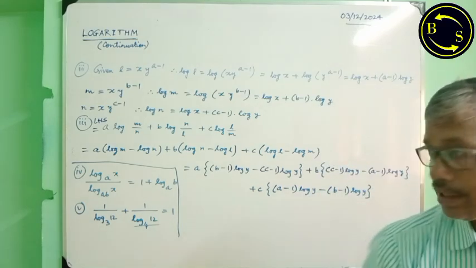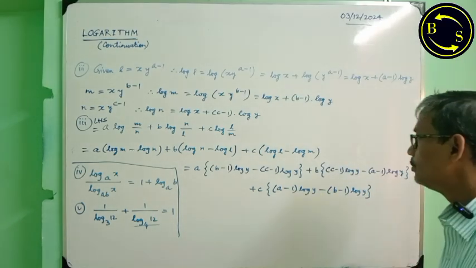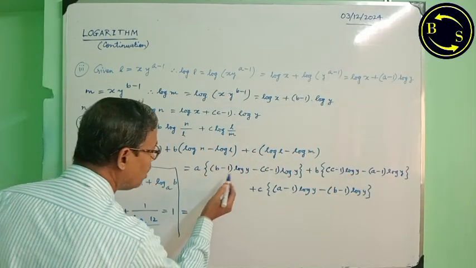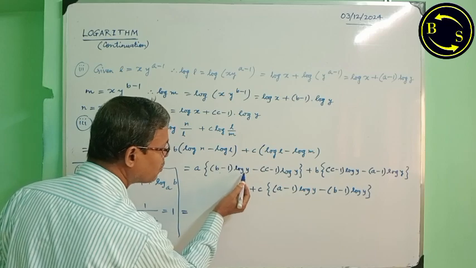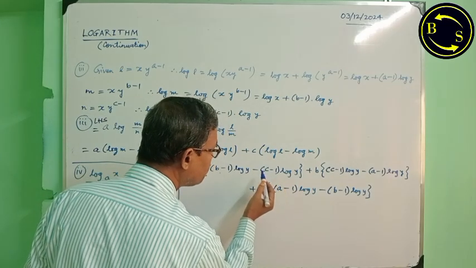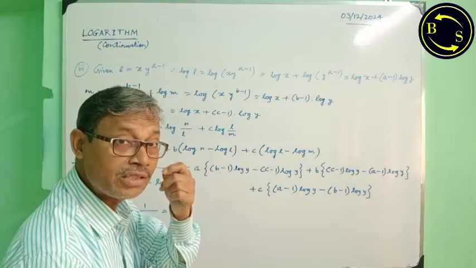You want to be present here. Then we simplify. If we remove the first brackets here, it will be b log y minus log y, and minus c log y plus log y, so that log y will be cancelled.